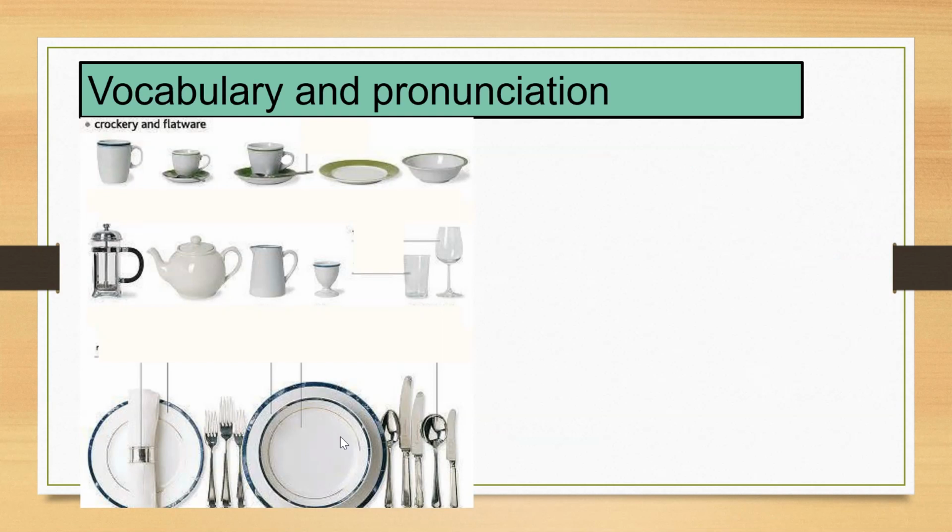Nosotros decíamos, ¿qué le podemos ofrecer a alguien cuando va a tener un warming party? Okay, which is different from an open house. For warming parties, you can offer, and we mentioned some wine, and probably some flowers. And I think it was Brenda who mentioned, well, I will offer a dish or some dishes, okay?